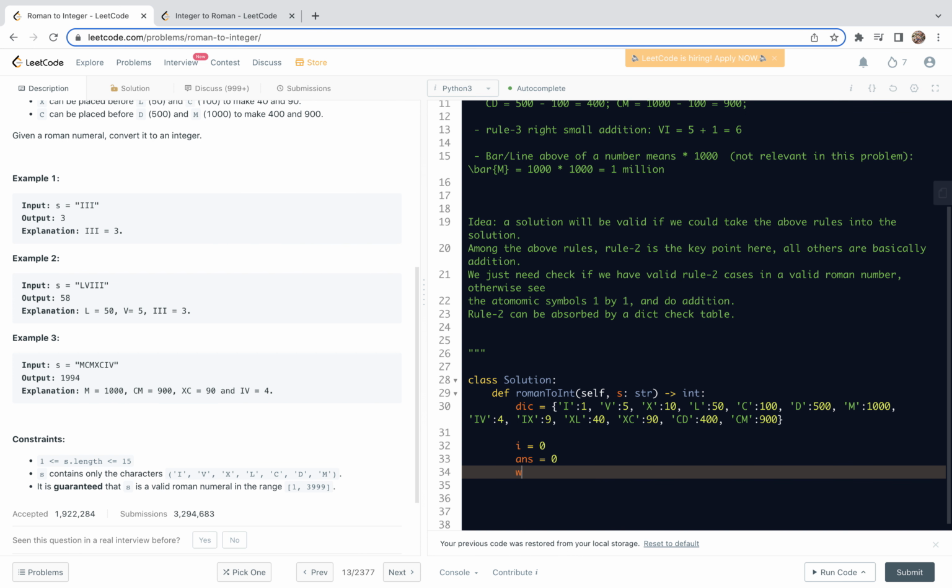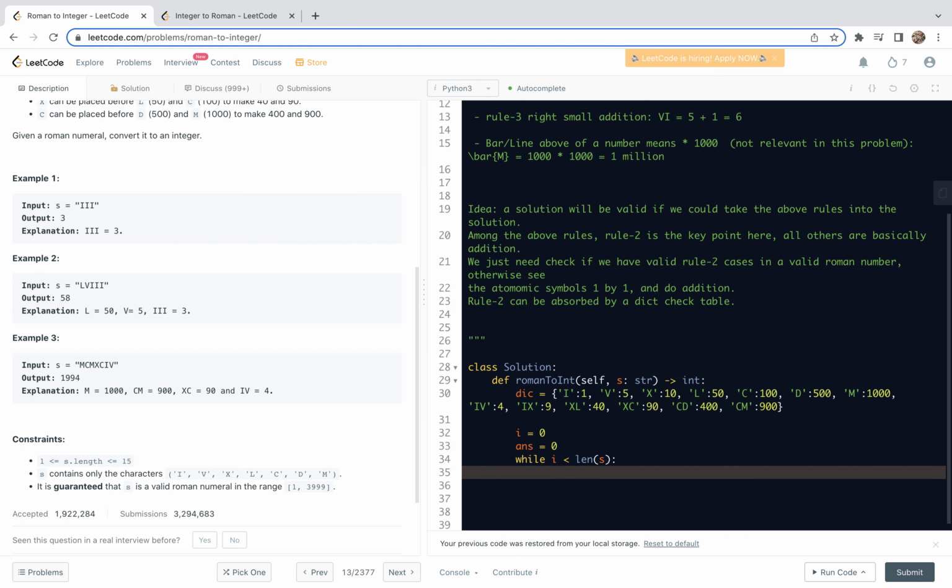Then basically it's just a while loop, while i is less than the length of s. What we want to do is check if i is less than length of s minus 1, and then check the relation of the character at index i and the character at index i plus 1.